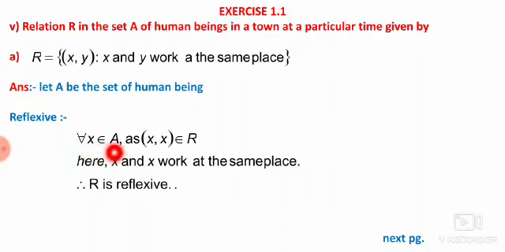For all x belongs to A, x comma x also belongs to R. Since A is an infinite set, therefore we should mention here x and x both work at the same place. Therefore R is reflexive. Now when the set is an infinite set, it is very difficult to draw the relation in the roster form. That's why we have to give this type of explanation.